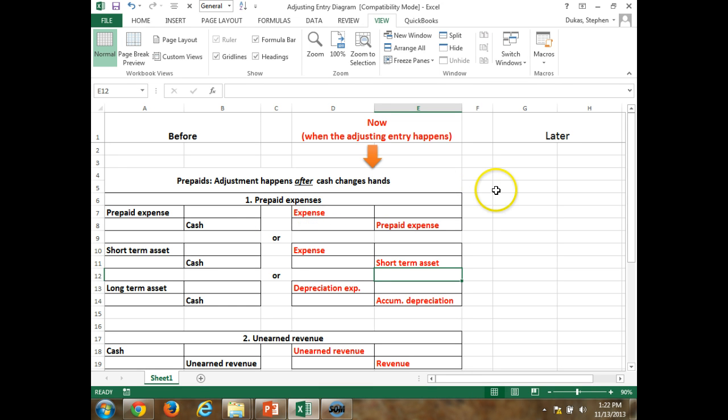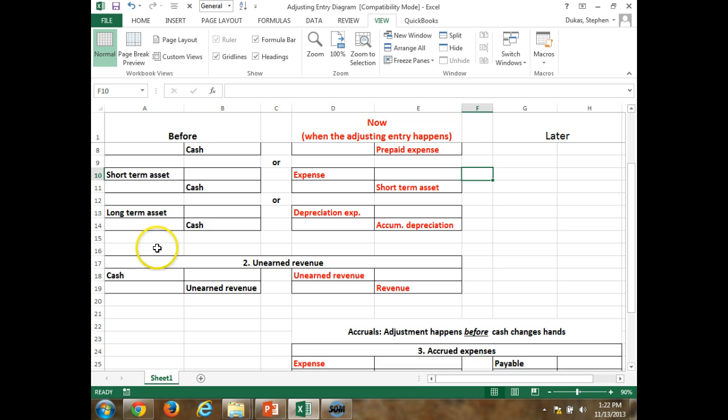The expense happens when you recognize the fact that the time has elapsed and the magazine subscription has gone away, or in this example with a short-term asset like supplies, at the end of the year, we've used some of the asset, so we've recognized an expense. In both cases, the debit is to an expense, the credit is to the asset that was created at the beginning.